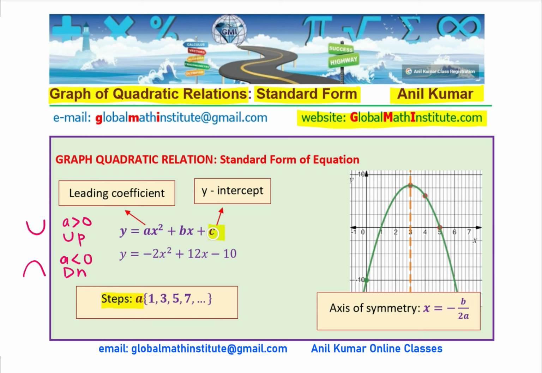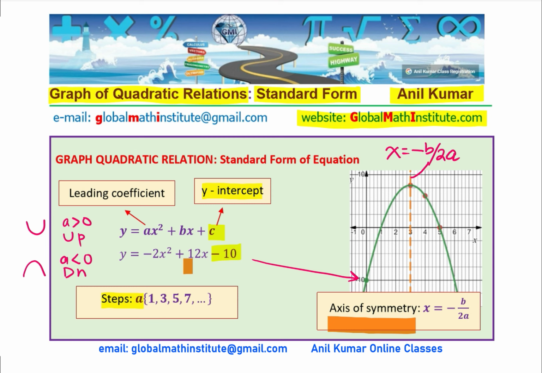The coefficient of x, when divided by minus 2a, gives us the axis of symmetry. So the axis of symmetry is x equals minus b by 2a. Let me rewrite this. The equation of the axis is x equals minus b divided by 2a.